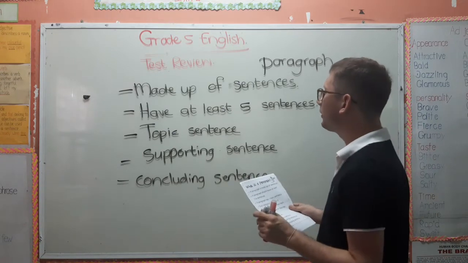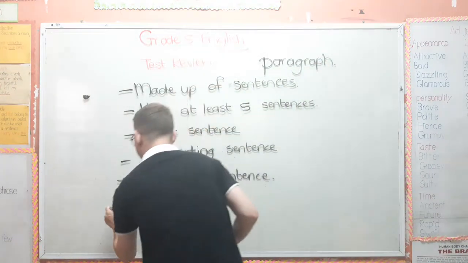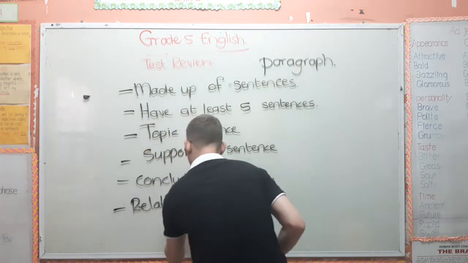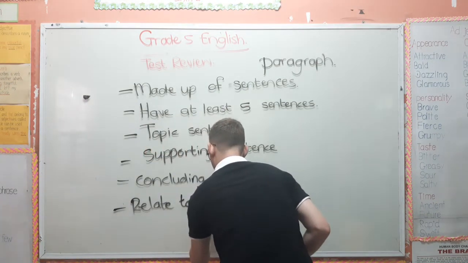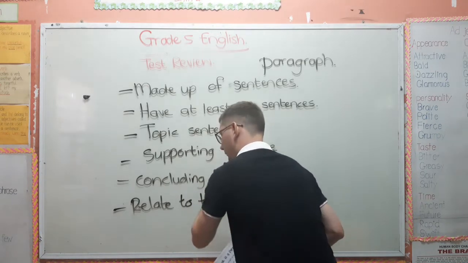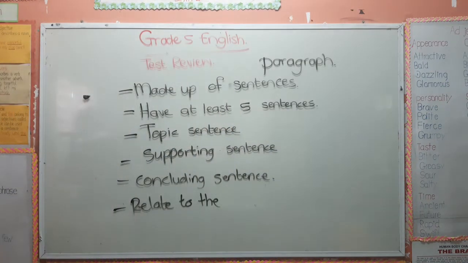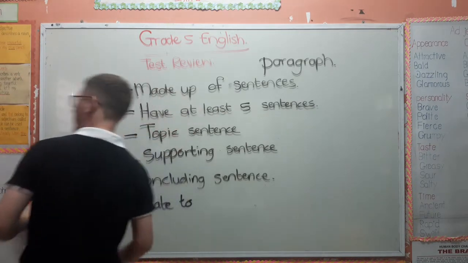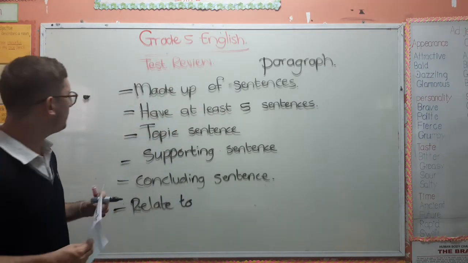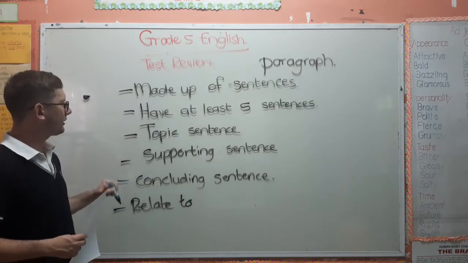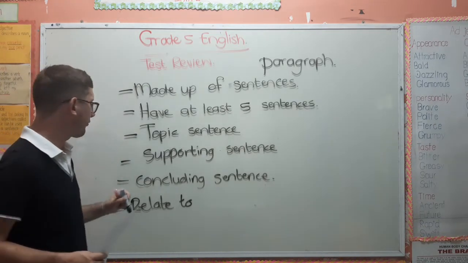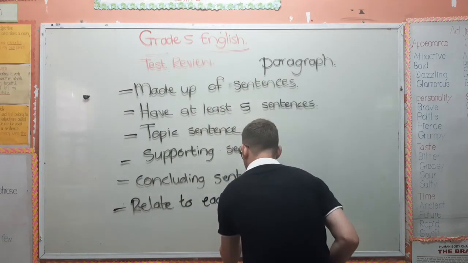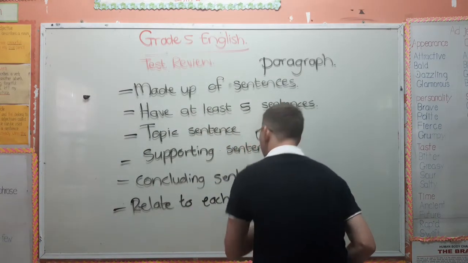And also it should relate to each other. So all the parts of the paragraph should relate with each other. For example, the topic sentence, the supporting sentence, the concluding sentence, they should relate to each other.